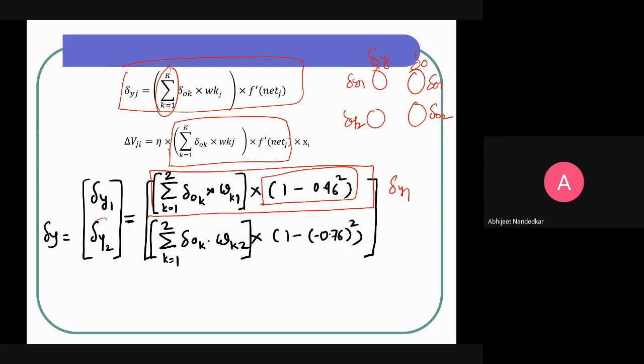Similarly, we have the delta y2 computation, which we are doing for this neuron. Here k again runs from 1 to 2. Now you can see there is a change: I am dealing with w_k2 into its f dash. Now suppose I draw here.